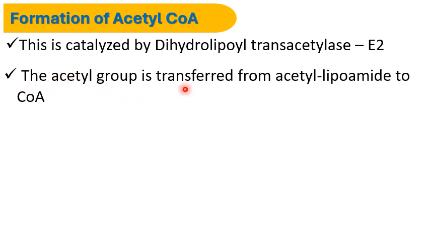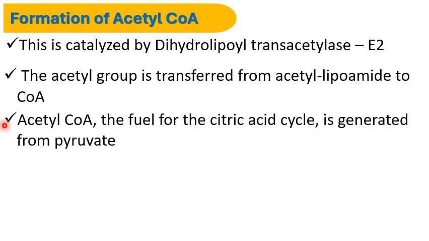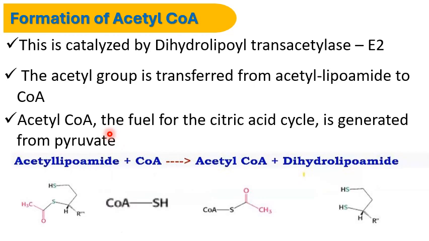So we say the acetyl group is transferred from acetyl lipoamide to CoA. And remember, when it transfers it to CoA, it forms acetyl-CoA, which fuels the citric acid cycle to generate ATP, and this acetyl-CoA is generated from pyruvate.